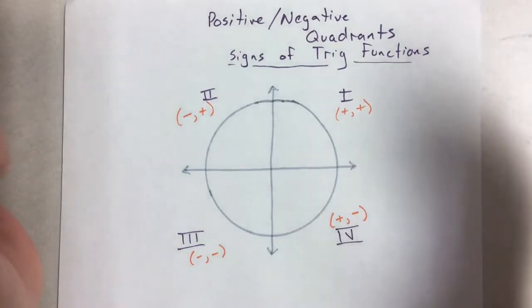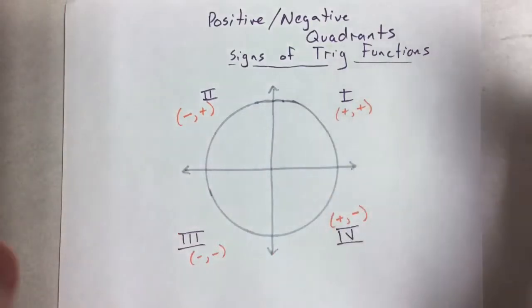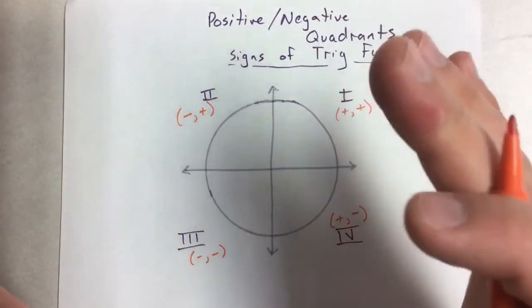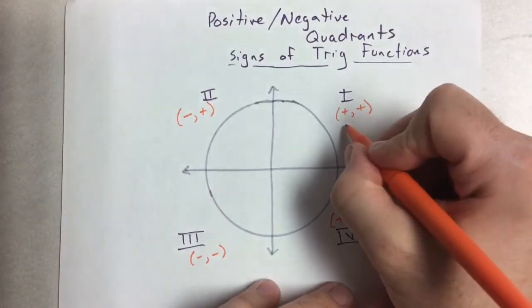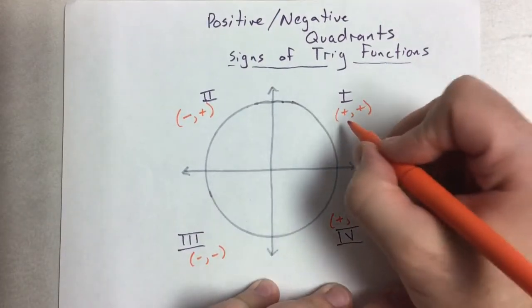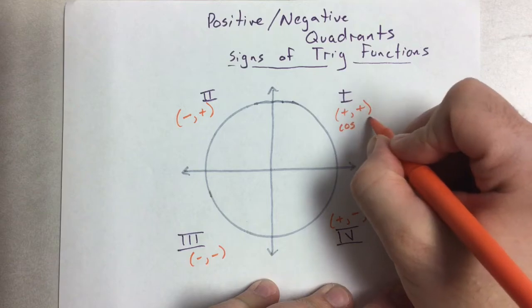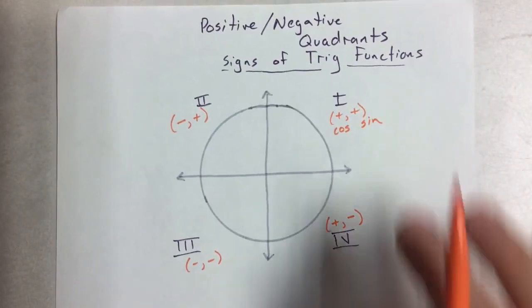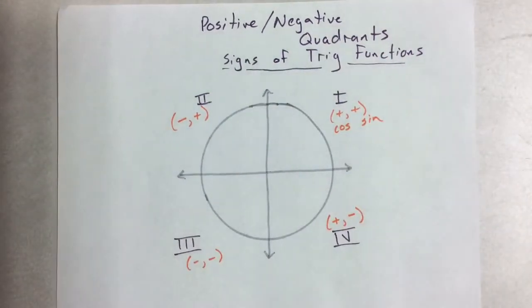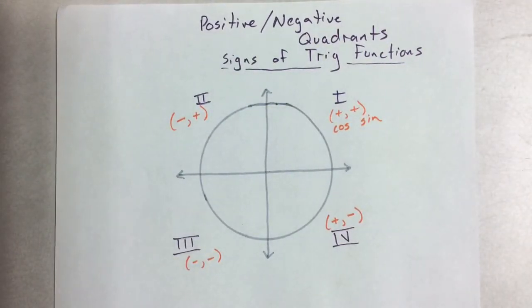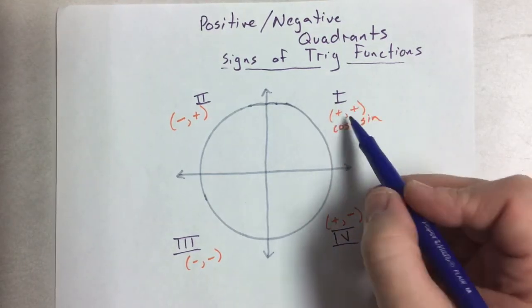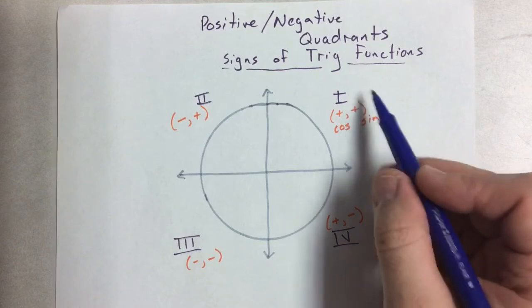We also know that sine and cosine relate to an x and y value. So if you remember, if you need to rewind, do so. But if you remember, cosine is the x component, sine was the y component. Again, yes, that was a unit circle, but it's comparable to any circle as well. So what we see here is cosine in the first quadrant, cosine will be positive always, sine will be positive always.